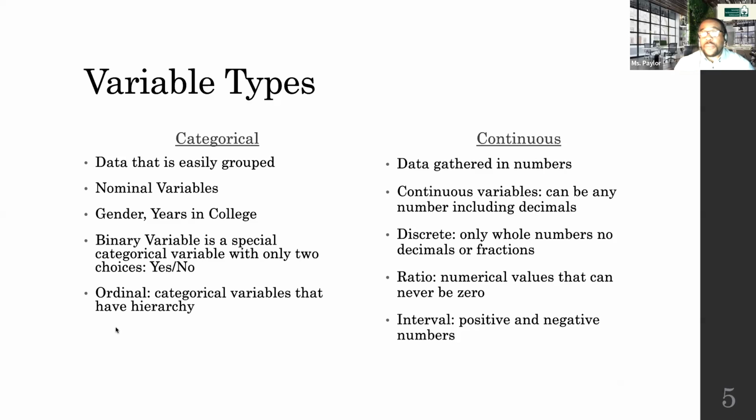We have also our special categorical variables that are binary ones. Most of the time, we'll see yes, no, positive and negative, one or two, or something, but there's typically just only two choices in that entire category. Then we have the ordinal variables. Those are somewhat different.